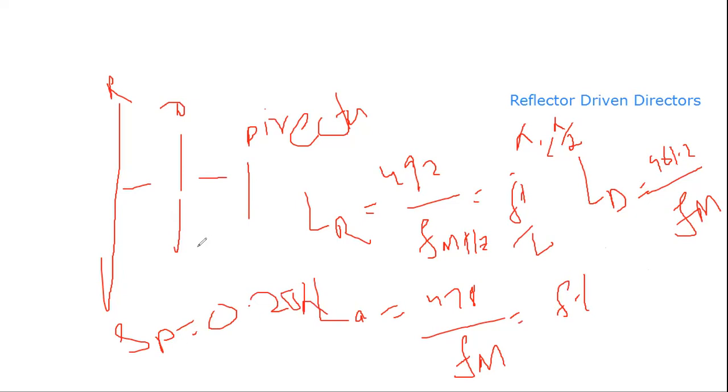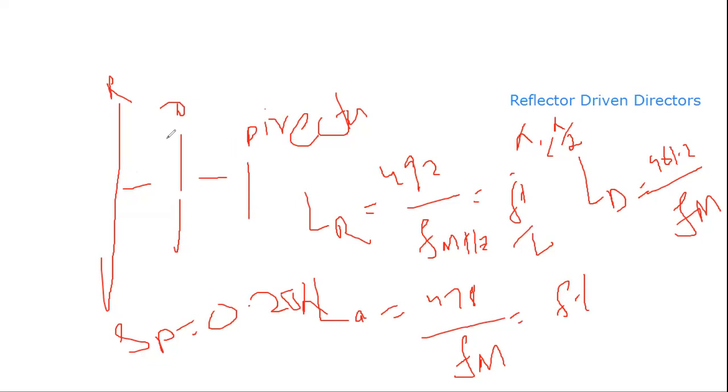For example, if you want to design a Yagi antenna for 1 gigahertz, we will calculate the lambda, and then 0.25 multiplied by lambda will be the space between the elements. Elements means the distance between the reflector and the driven, and the distance between the driven and the director will be 0.25 lambda.